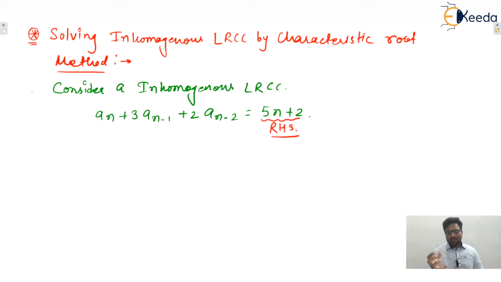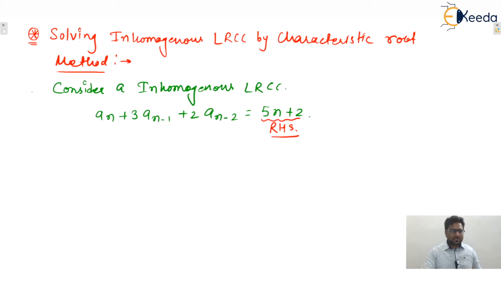Second step, one table will be there. According to that table, you will find the particular solution, also known as the trial particular solution. Finally, the third step is to add both of them and then you will get the solution of the inhomogeneous LRC. So I am doing it step by step, there won't be any problem, guys.